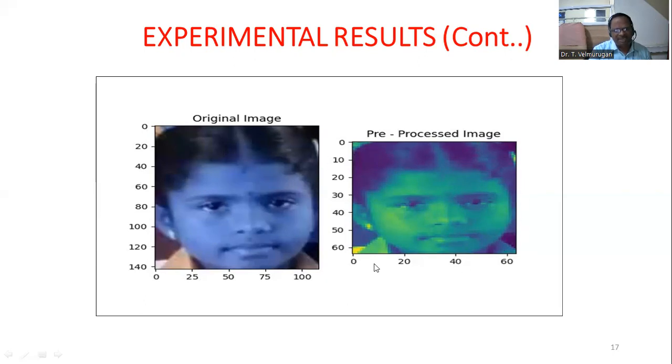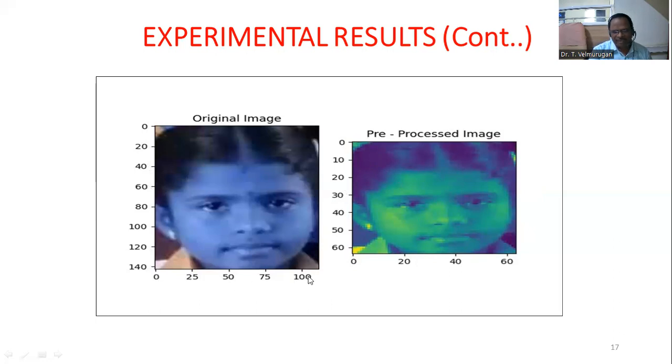After pre-processing, we can see how the original image has changed, what the different image sizes are, and how the number of pixels is reduced. We can see very well that vertically 140 pixels are available in the original image, but in the pre-processed image only 60.